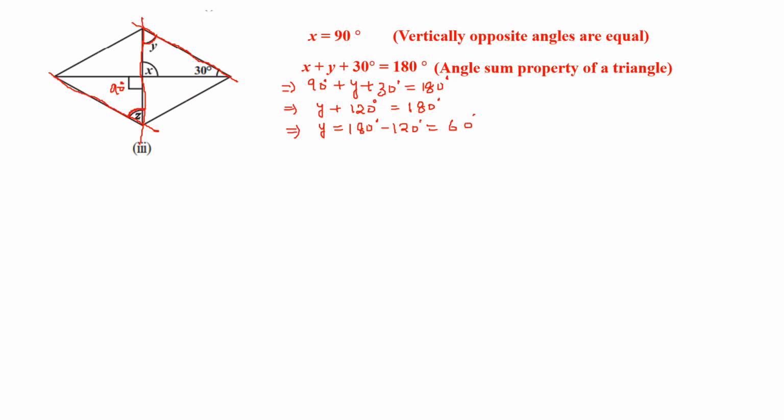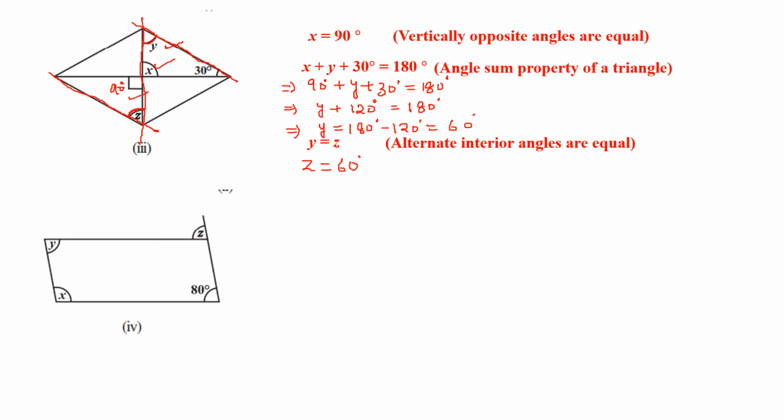We have already done in my previous video, when two parallel lines are cut by a transversal, then what angles are equal? I have explained this property in my previous video. So here y and z are alternate interior angles, right? So both the alternate interior angles will be equal. So the value of z will also be equal to 60 degree, which is equal to the value of y. So the measure of x is 90 degree, the value of y is 60 degree, and the value of z is also 60 degree. Now we will see the next question.